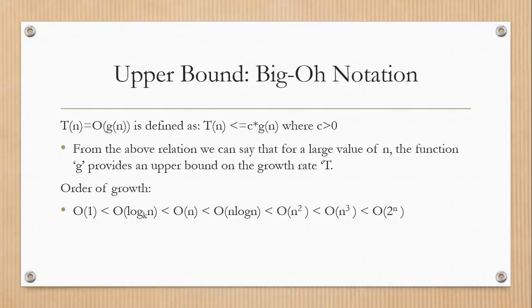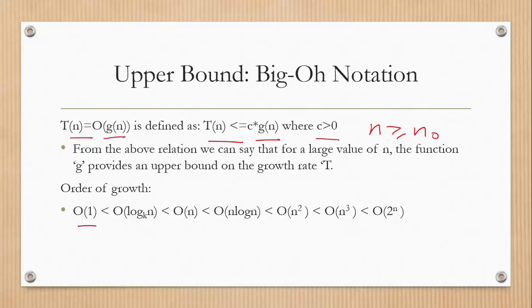We know that a function t(n) is big O of g(n) if t(n) is less than or equal to c times g(n), where c is a positive constant and for all n greater than or equal to n naught. This is the order of growth of some common algorithms.